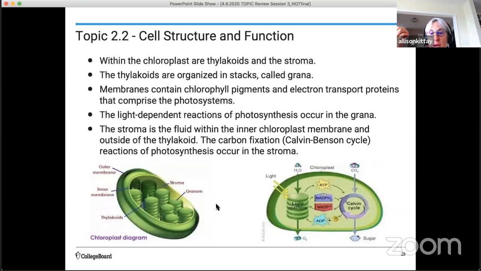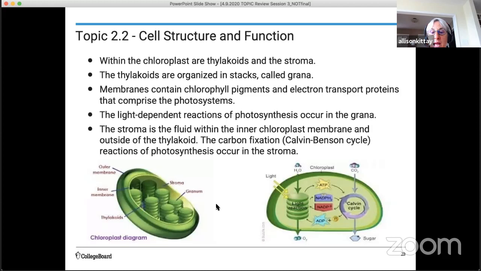So the first part of photosynthesis, the so-called light-dependent reactions, occur within the thylakoid membranes, and the Calvin cycle, or Calvin-Benson cycle, which is where we actually fix our carbon dioxide into our organic carbohydrate molecules, our sugars, occurs in the stroma.